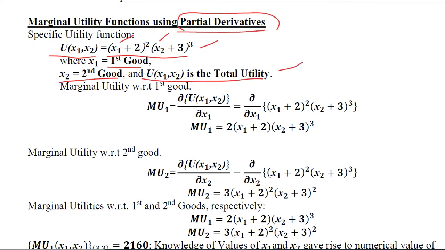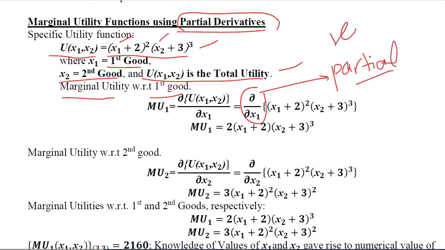If we are interested in finding out the marginal utility with respect to the first good, we can take the first order derivative with respect to x1, and you can see that it is not just an ordinary derivative, it is a partial derivative, because we have two independent variables, x1 and x2.